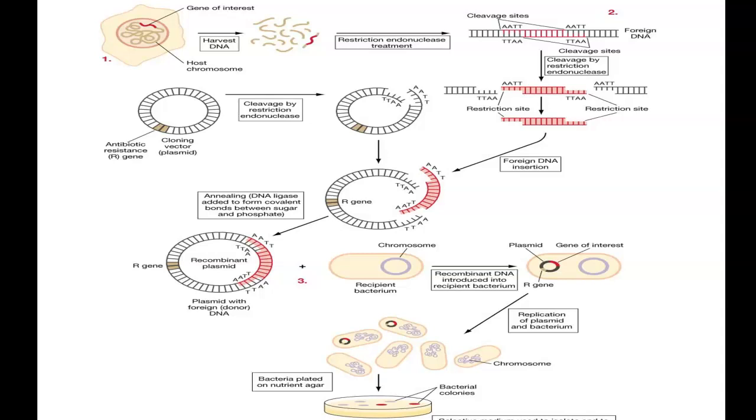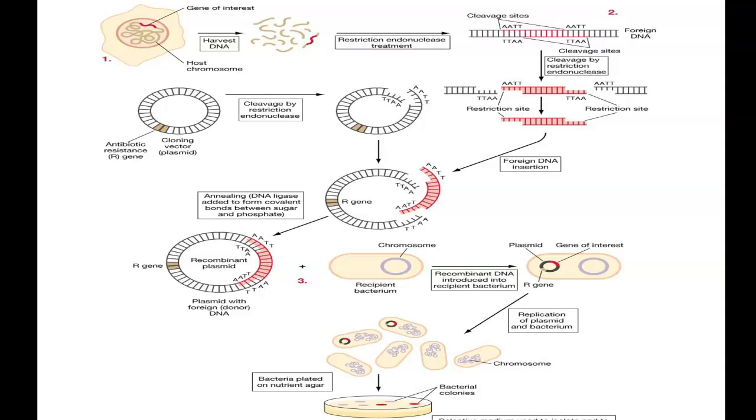If we could isolate that gene and input it into a bacteria, now the bacteria has the genes to make that insulin, and that bacteria can make that protein and we can use it. So we would isolate that gene. We would use these molecular scissors, these endonucleases, to cut out that insulin gene from our human DNA.